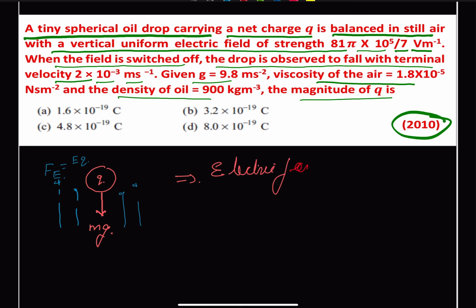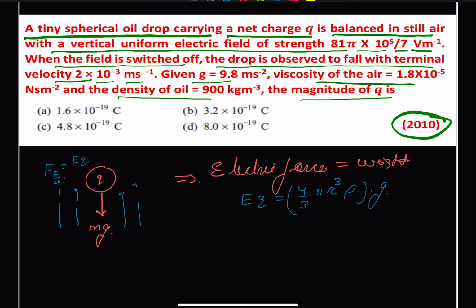Electric force equals weight. Our electric force is E multiplied by Q, and weight is mg, and m we can write as 4 by 3 pi r cube multiplied by density and multiplied by g.